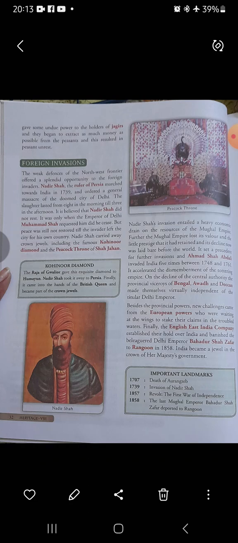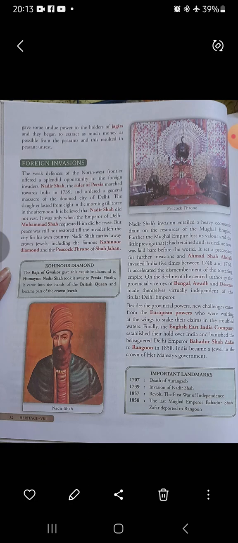Next, we come to foreign invasions. The weak defense of the northwest frontier offered the opportunity for foreign invaders. There were very weak rulers now in the forefront. Nadir Shah, ruler of Persia, marched towards India in 1739. It was believed that Nadir Shah did not rest until the Emperor of Delhi, Muhammad Shah, requested him, and only then did he cease the siege.